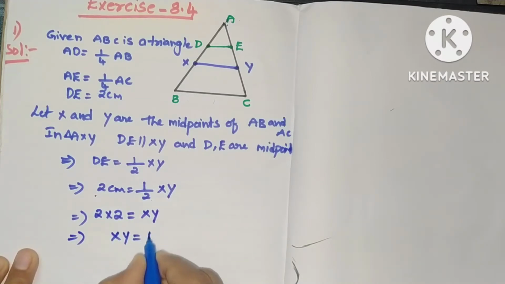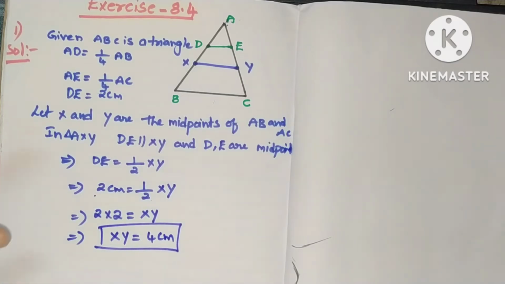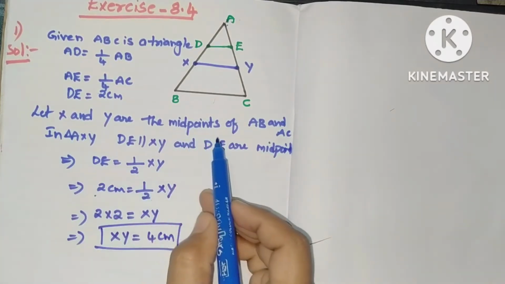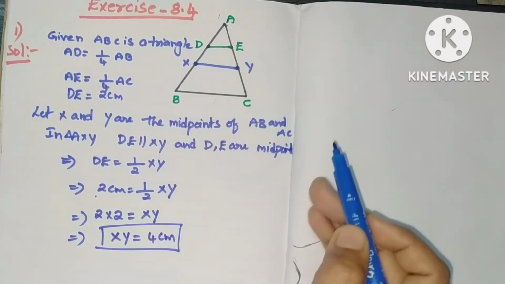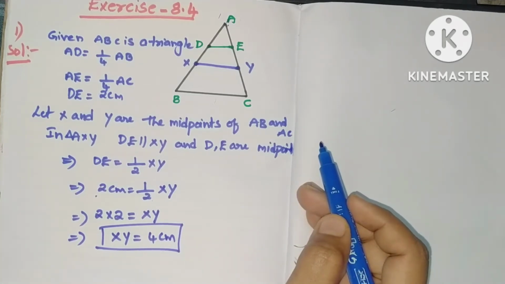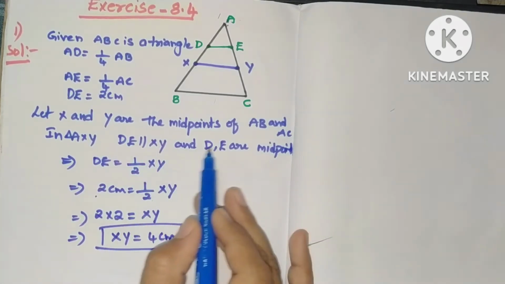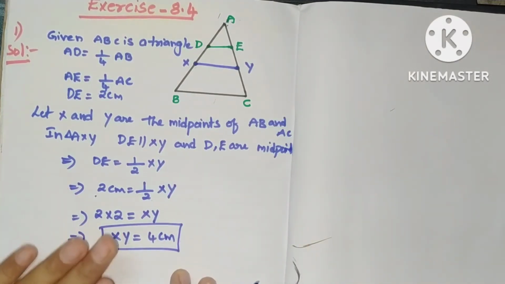So XY we got as 4 centimeters. Okay, so far you understood, right? We took X and Y as midpoints, so in triangle AXY, D and E also became midpoints. So from the midpoint theorem, since DE is parallel and they are midpoints, we used DE equals half XY to calculate XY.